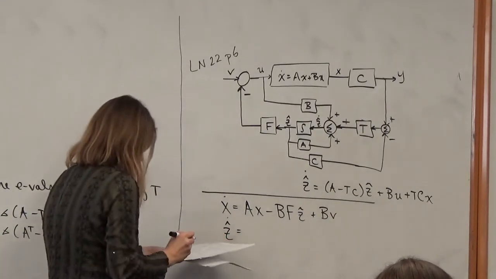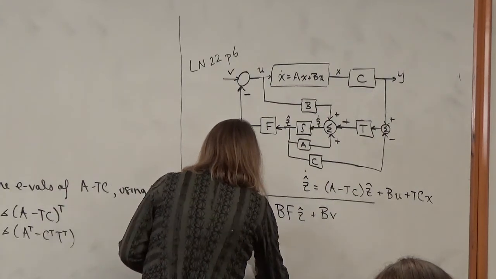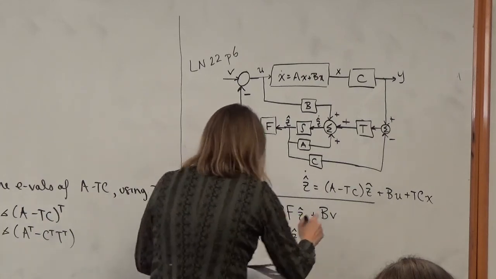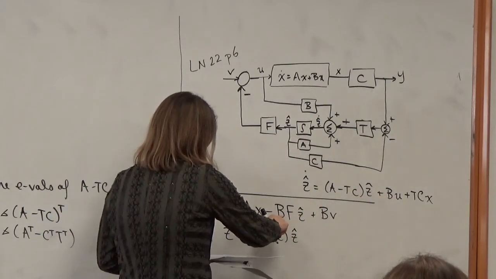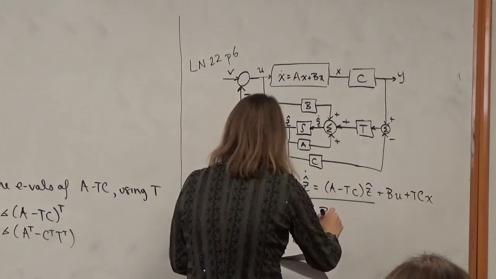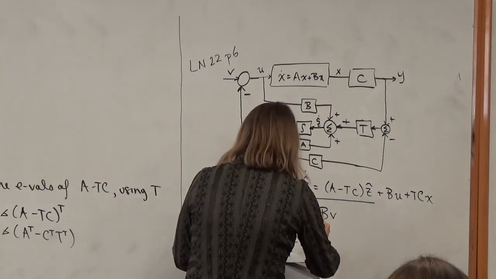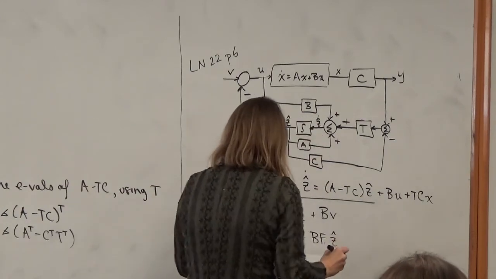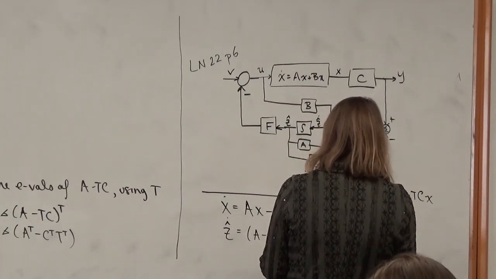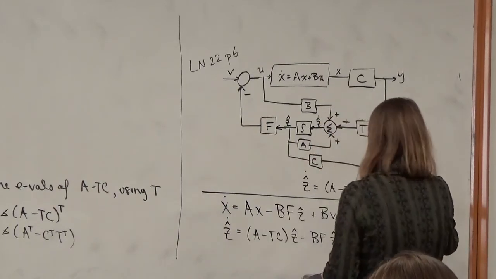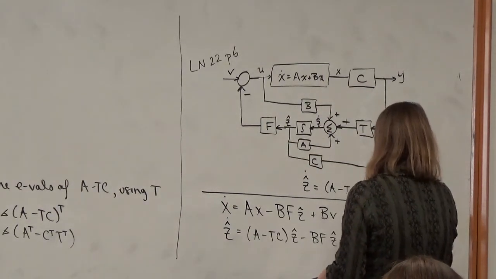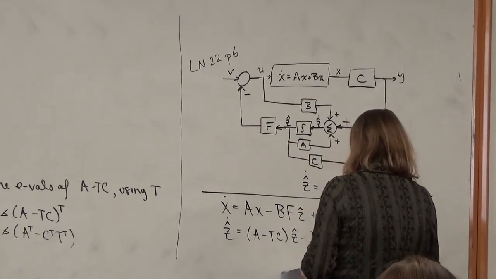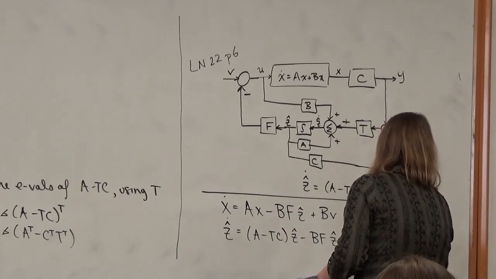So z hat dot is going to be (A minus TC) z hat plus bu, but u is now minus F z hat plus V, right? So that's minus BF z hat plus BV. And then I've still got this plus TCx here.